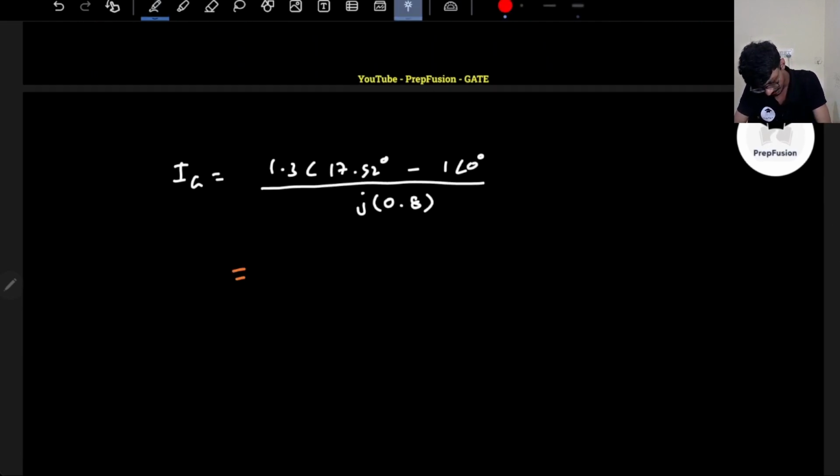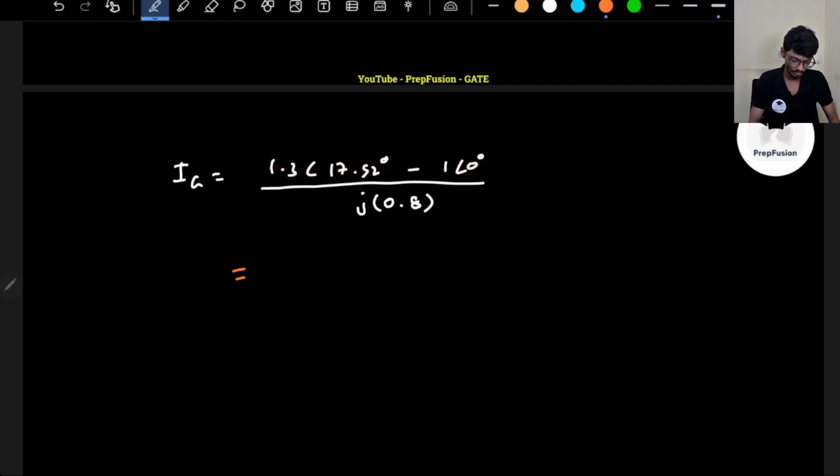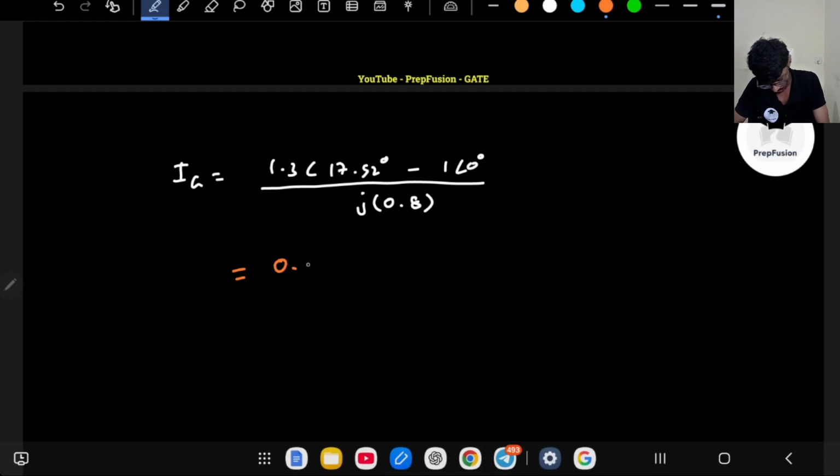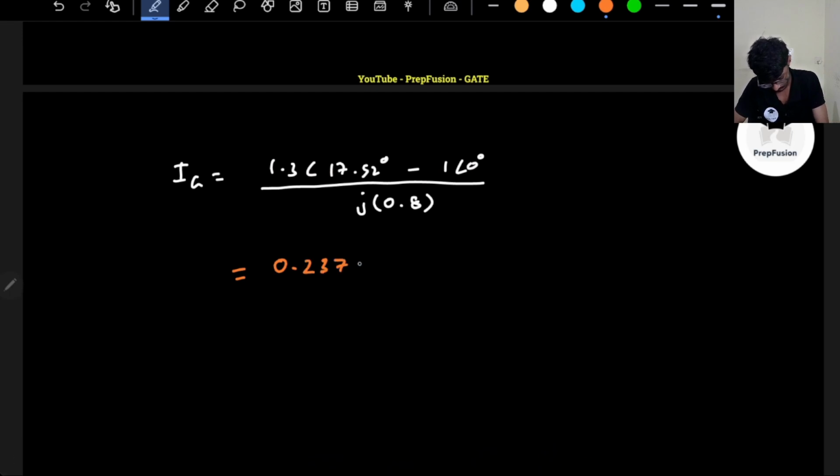So from here I can easily find the IA current. First I will write the numerator in polar format. The real part is 1.3 cos 17.92 minus 1, which is 0.237, plus j times 1.3 sine of 17.92, which is j0.4.